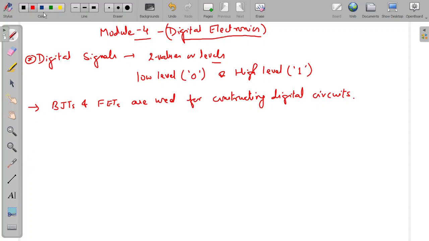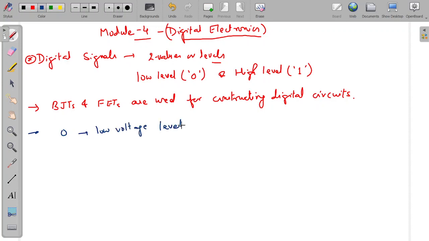For representing these digital numbers, we have 0 and 1. Now this 0, basically it will represent the voltage level.